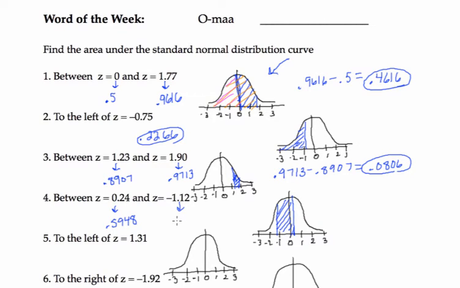This number that I get from my table is saying that the probability that I'm to the left of this z-score is about 13%. So I take this one minus this one.